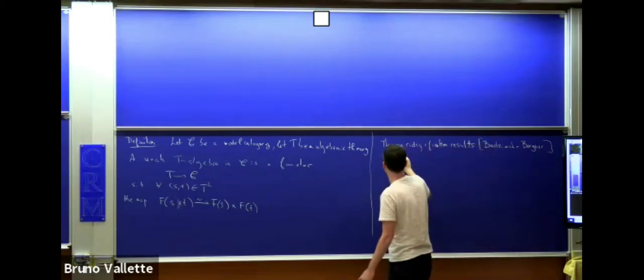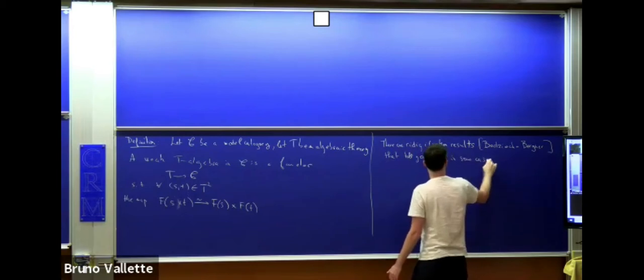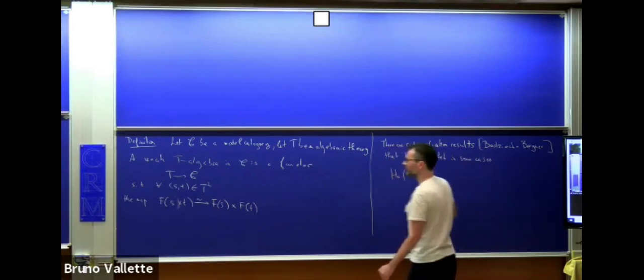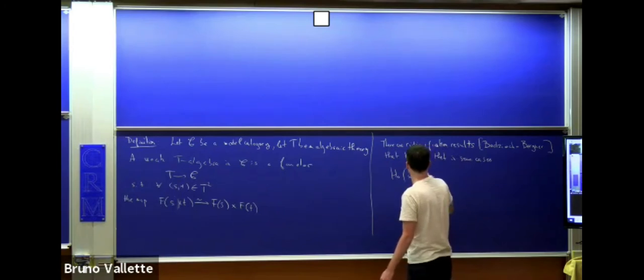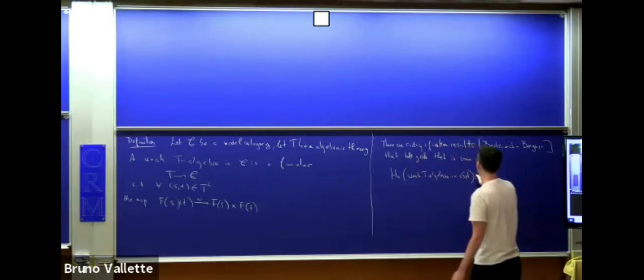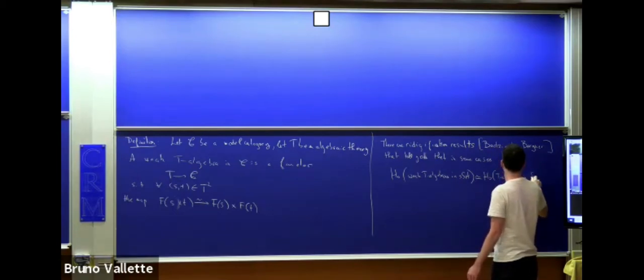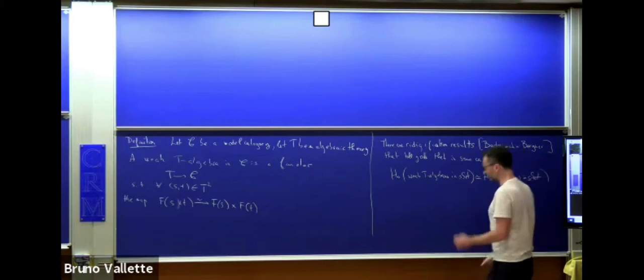They tell you that in some cases, the homotopy category of weak T algebras in simplicial sets is equivalent to the homotopy category of strong T algebras in simplicial sets.